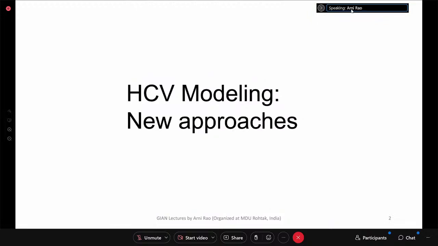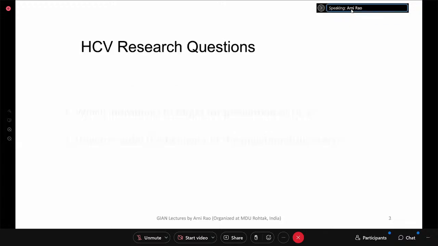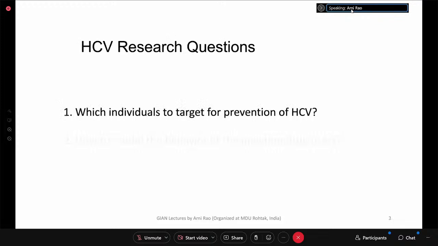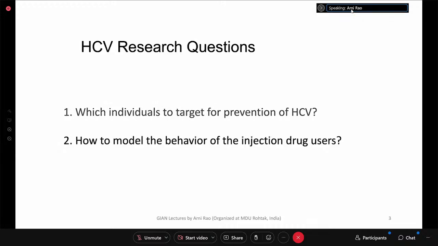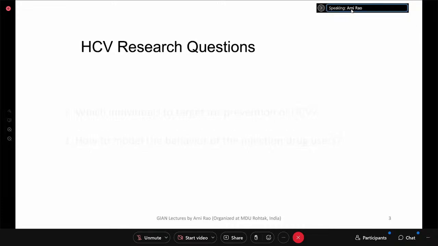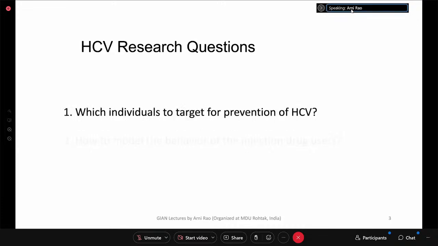HCV modeling, new approaches. HCV stands for hepatitis C virus. By the way, those who are still writing the question answers, do not worry, you can all resume that after this lecture. The questions generally asked for HCV are: which are the targeted individuals, whom to target for prevention, how to target them, and who are they?